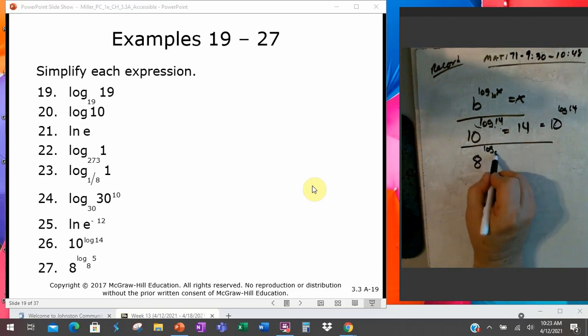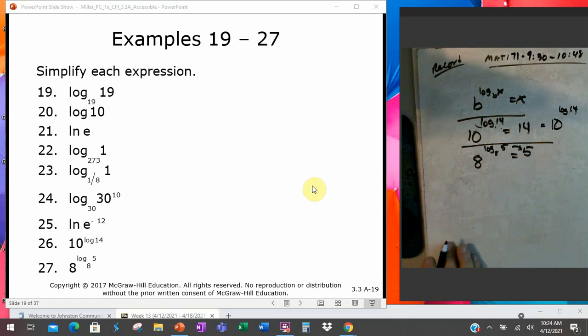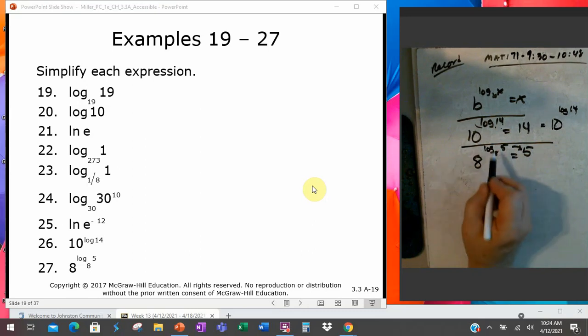8 to the log base 8 of 5. The very same thing. I wanted to represent this number as some power of 8. What was the power? It was this. So that must be that. Just the 5, not the log of that.